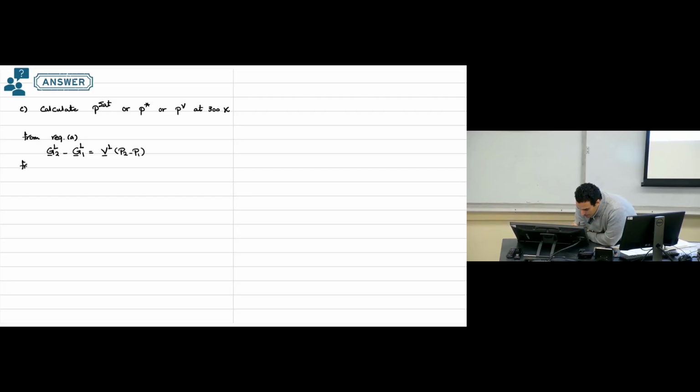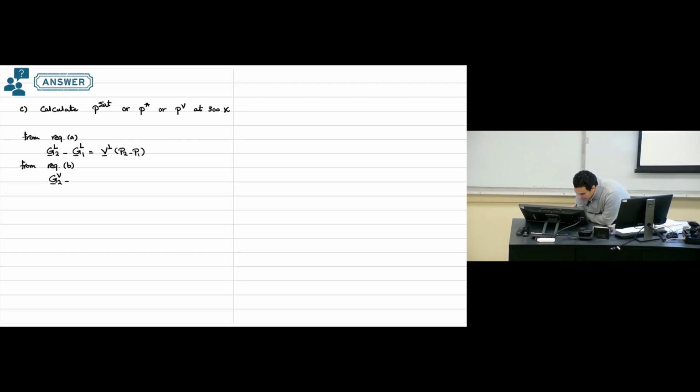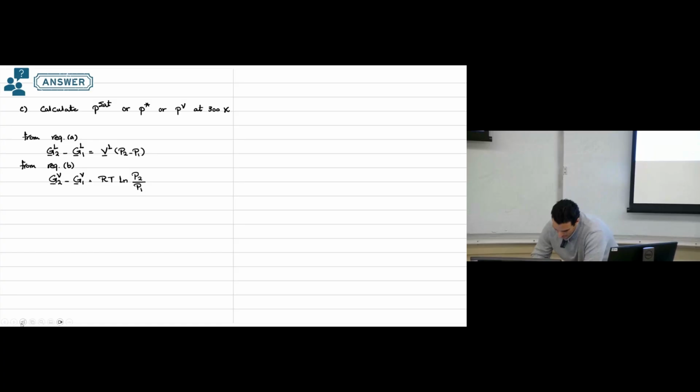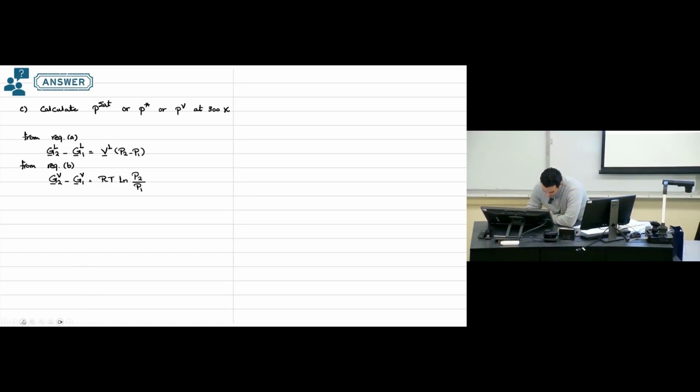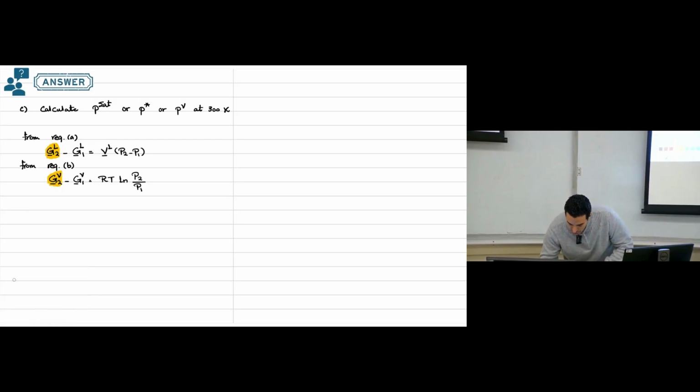And from requirement B, I have the molar Gibbs free energy of vapor at the second condition minus the molar Gibbs free energy of vapor at the first condition equals RT ln P2 over P1. At the phase equilibrium condition, the molar Gibbs free energy for liquid should equal the molar Gibbs free energy of vapor. They should be equal, okay?